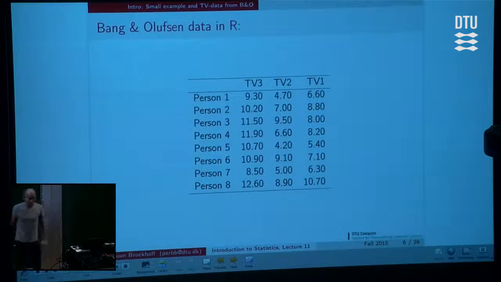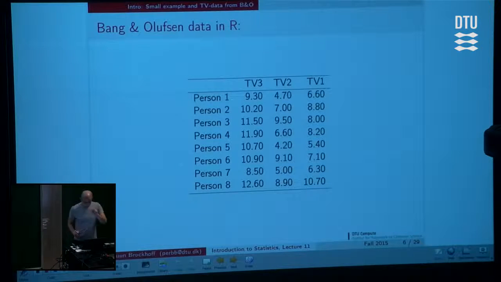Here we are. That's the data. What it all boils down to is looking at mean 1, mean 2, mean 3. I have a double index because now I'm talking about the means of TV sets.